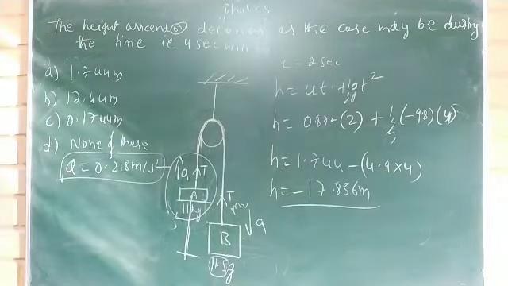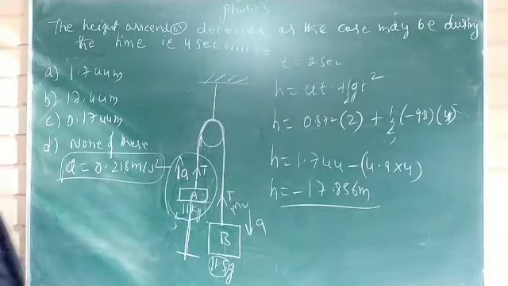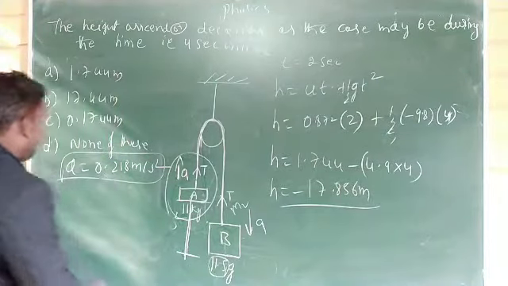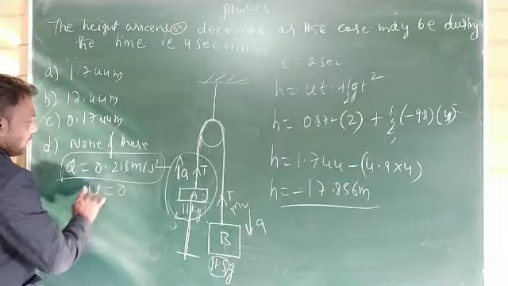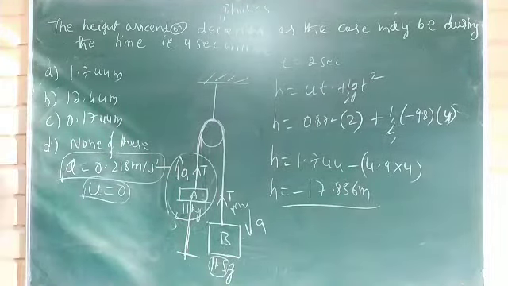The initial velocities of the bodies we take as 0.